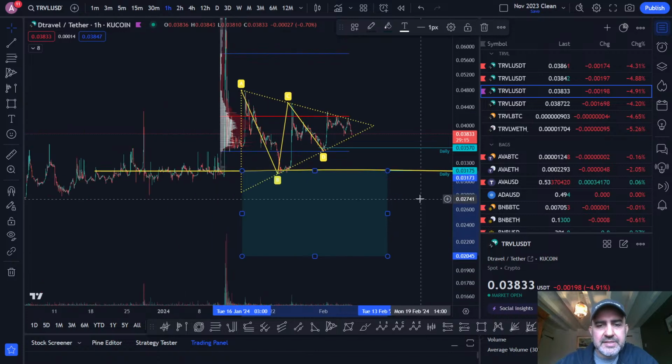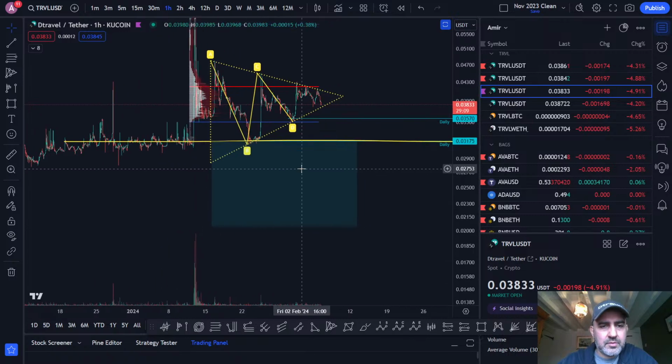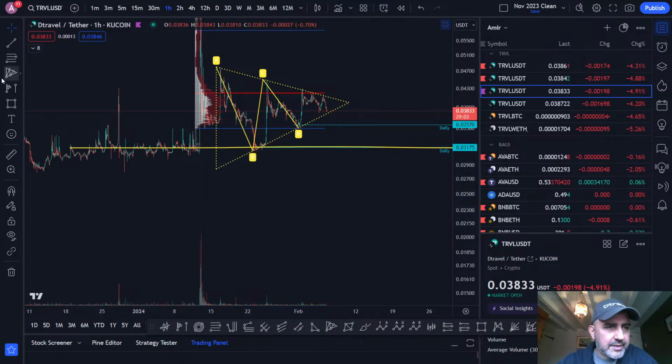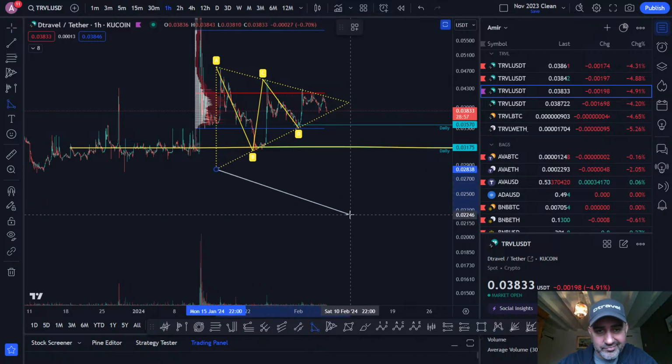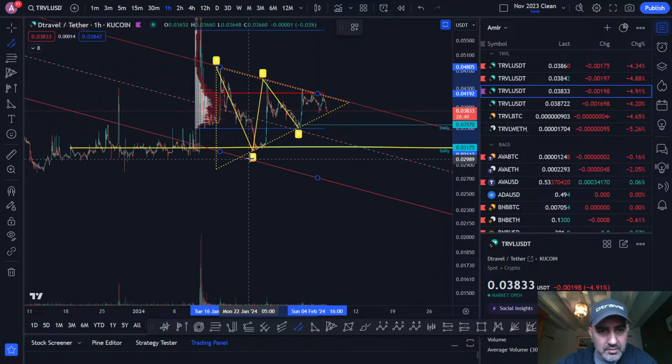According to this breakout, probably something like that. Maybe something like that.